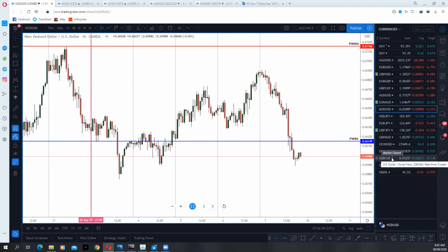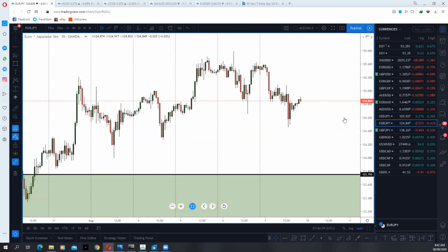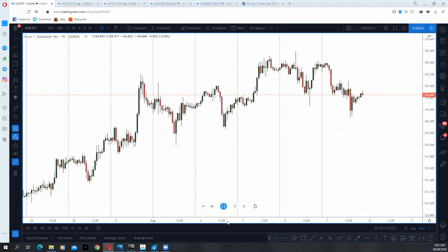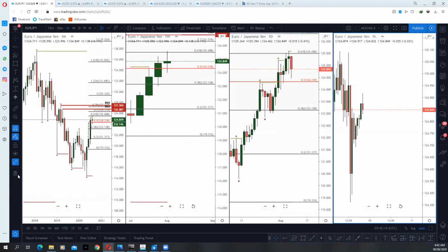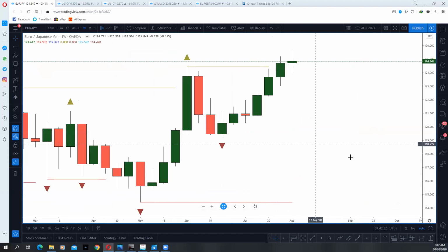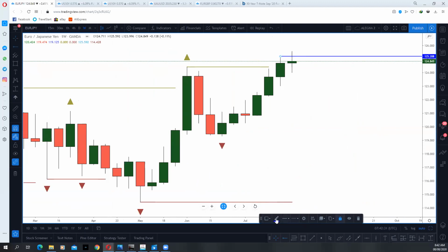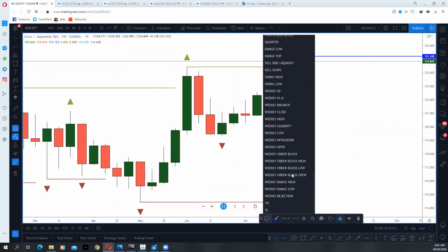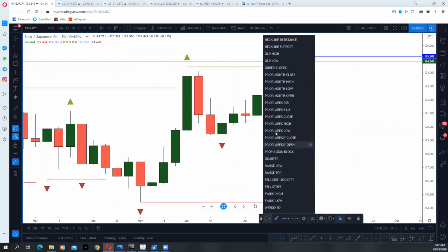Then think of another pair, that's the euro yen. Let me go to the euro yen. I remember there are so many other pairs where this happened, but these are the pairs that I trade basically, so I'm able to remember them. Now let's go to the euro yen. This is the prior week's high.